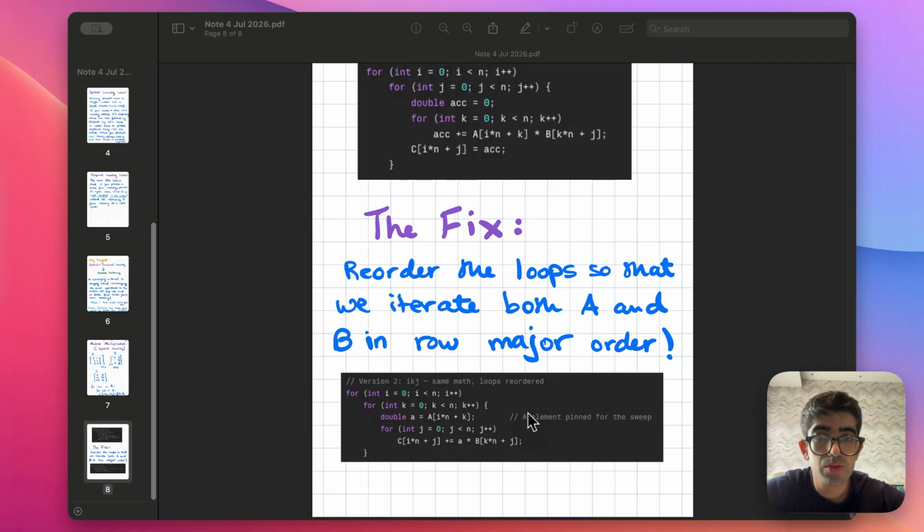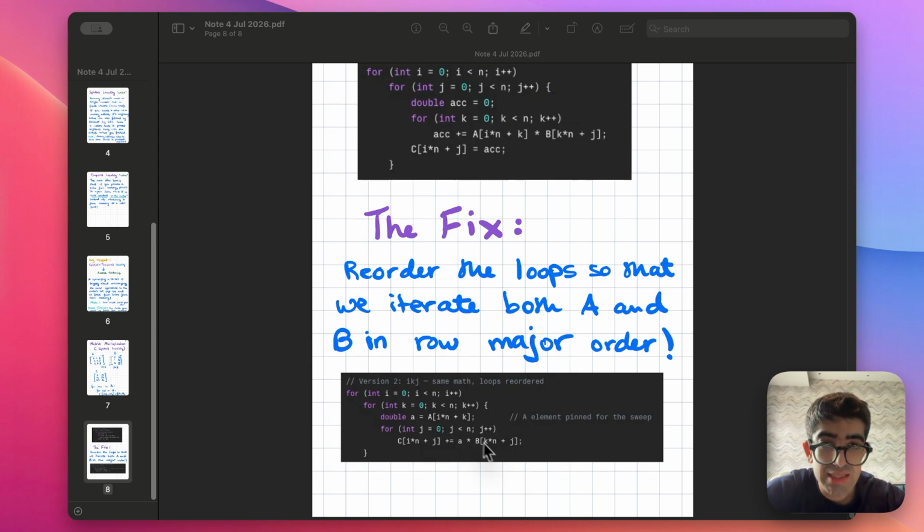We iterate through each row in A. Then in our second loop, we iterate through the common axis of A and B, which is K, and we fix a particular value of A. And then in our innermost loop, we iterate through a particular row in B in row major order.